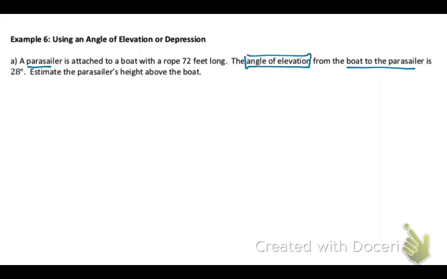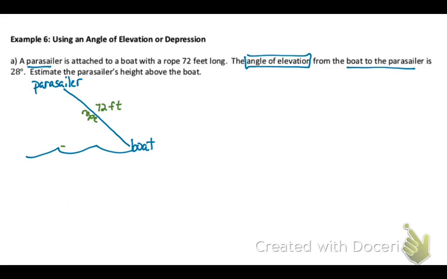The angle of elevation from the boat to the parasailer, so if you're sitting on the back of the boat looking up, is 28 degrees. So let's draw a picture. So here's the water. I'm just going to write the word boat, and then the parasailer is going to be up in the air. And then someone at the back of the boat is looking to the parasailer, and that length would be 72 feet.